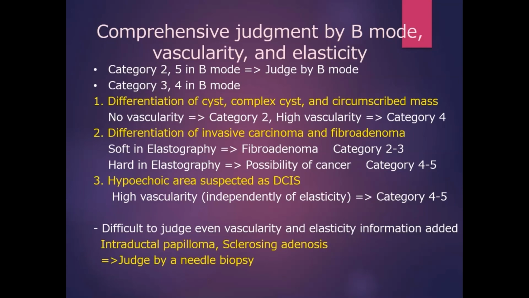Elastography is effective for the differentiation of invasive carcinoma and benign tumor, like fibroadenoma. If imaged soft in elastography, judge it as almost benign. In case of a hard tumor, judge as pro-malignant and consider biopsy, except a complex cyst from morphology feature and vascularity.